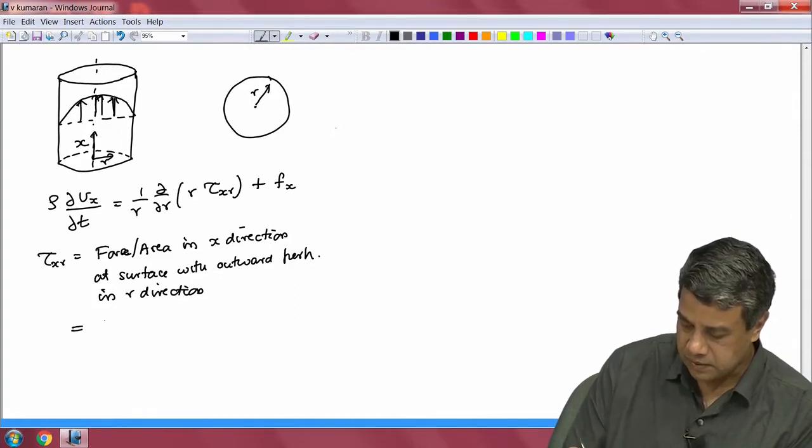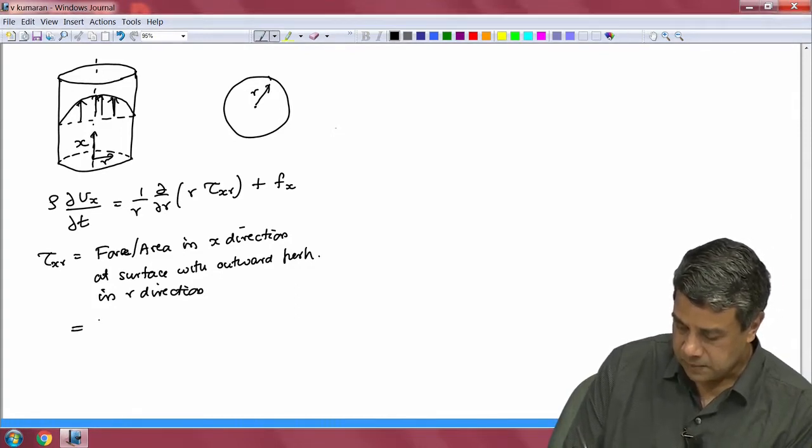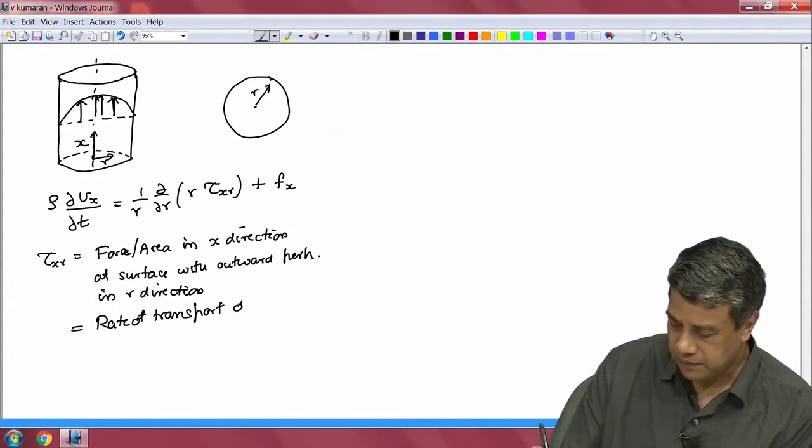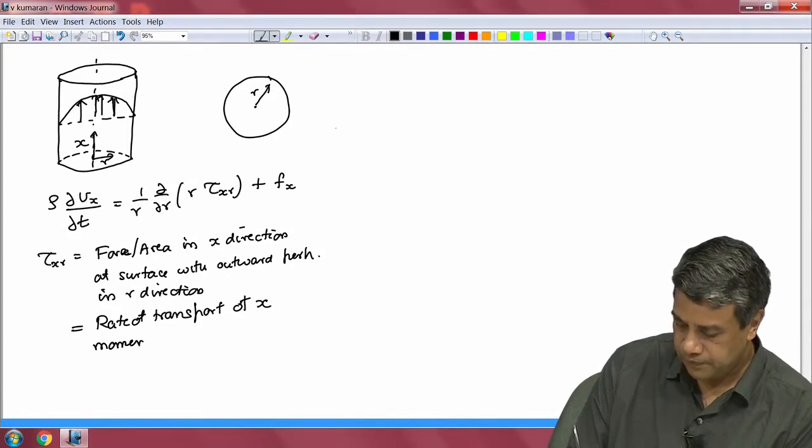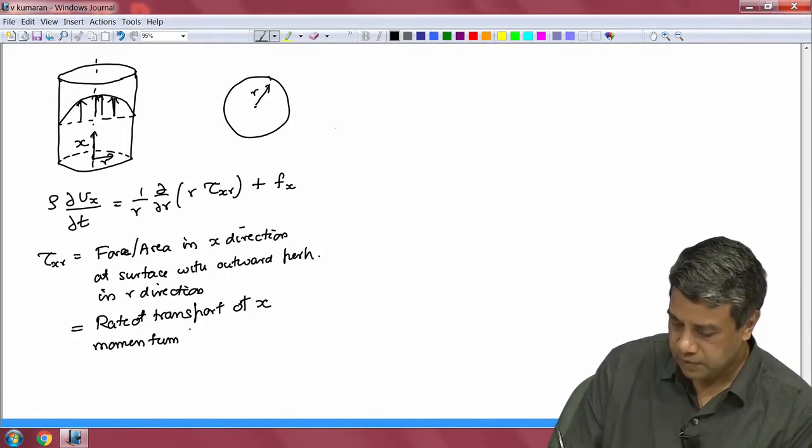Or if I say it the other way, it is the rate of transport of x momentum per unit area.